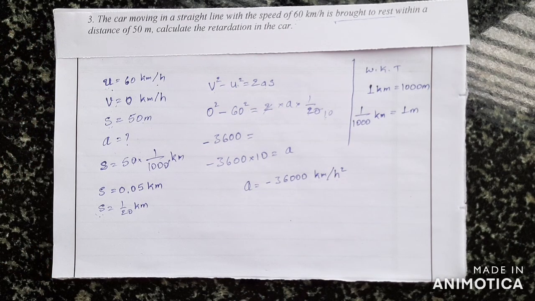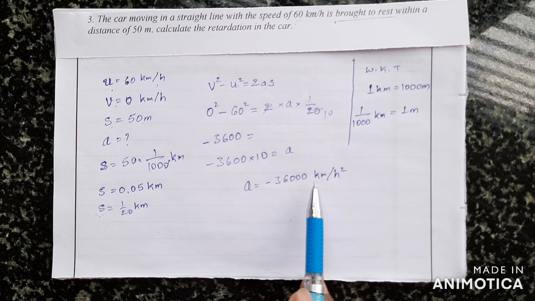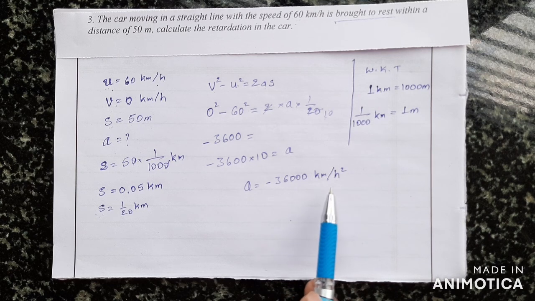Okay, so acceleration that we have obtained now is minus 36,000 kilometer per hour square. See, when you write the acceleration, you should always write the unit, like meter per second squared or kilometer per hour squared or kilometer per minute squared, whatever the unit, you should always put it like that.